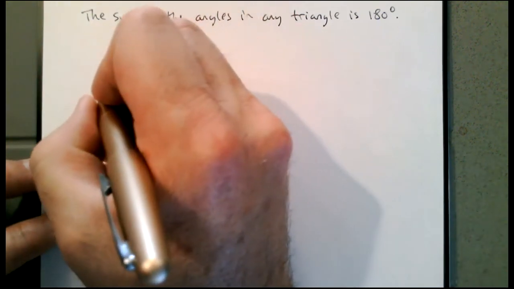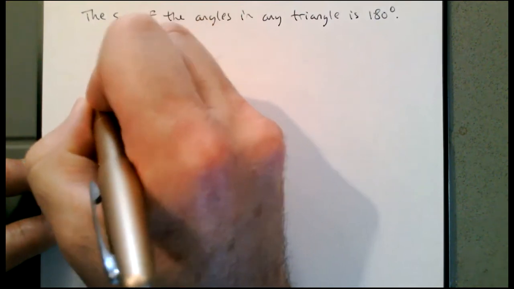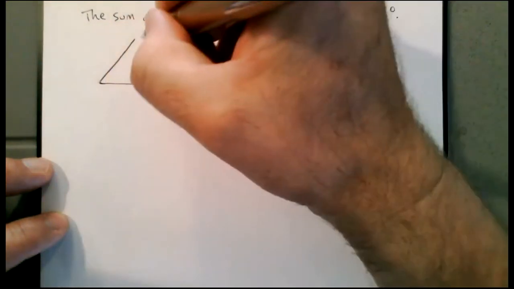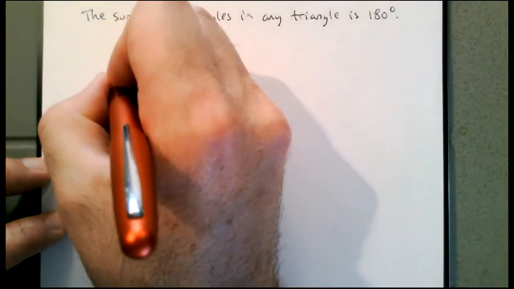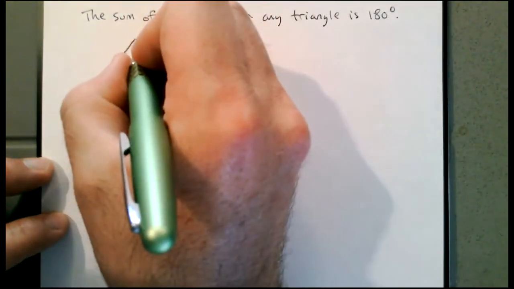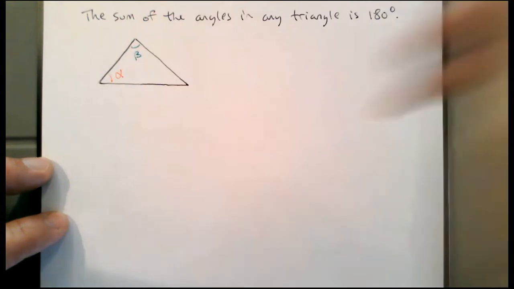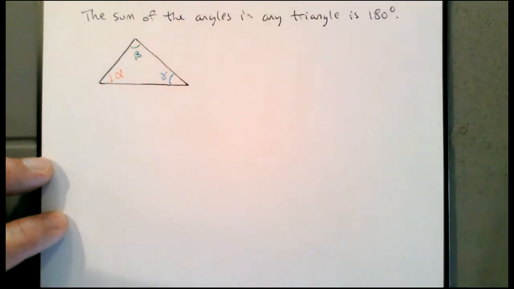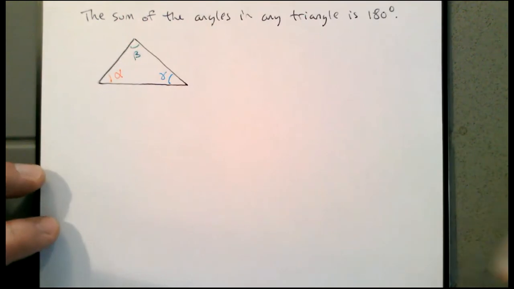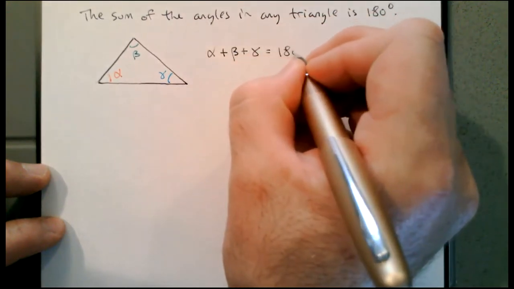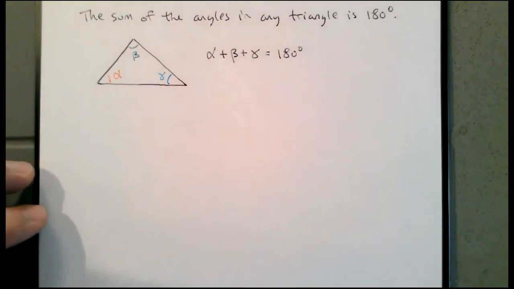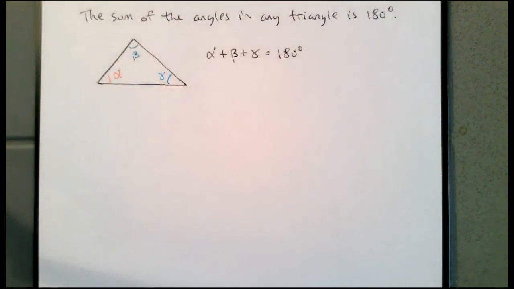So in our triangle that we had before, if I had an angle alpha, and I think at the top was beta, alpha plus beta plus gamma is 180 degrees. First major thing that we know about triangles, the sum of the angles in a triangle is 180 degrees.